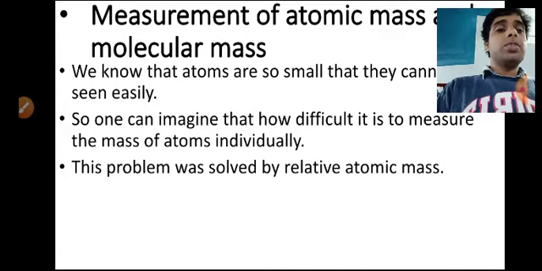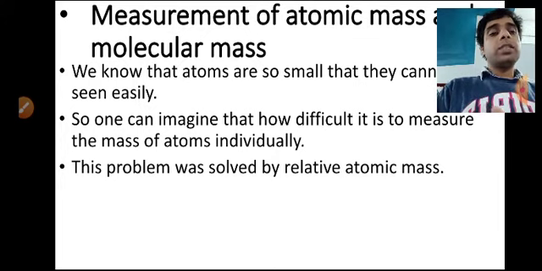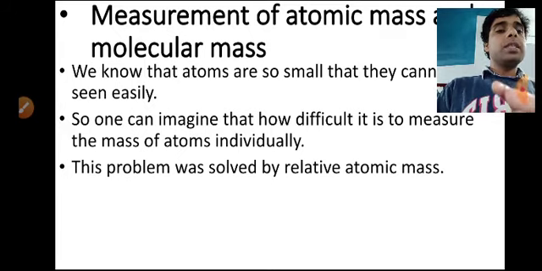Earlier in physics you have done density. Relative density means we consider some density in respect of another thing. So we are talking about relative atomic mass, meaning in reference to some element we consider a new element's atomic mass.